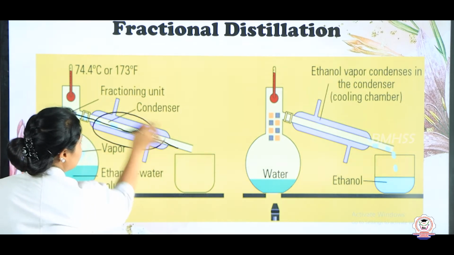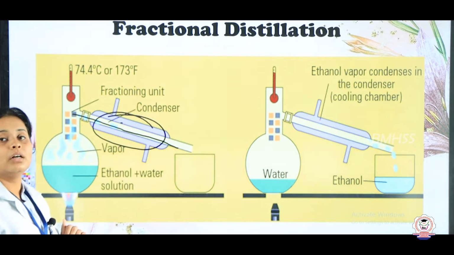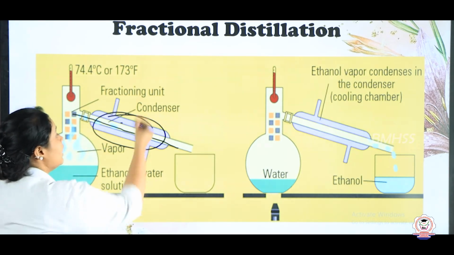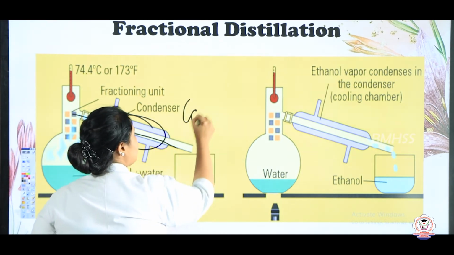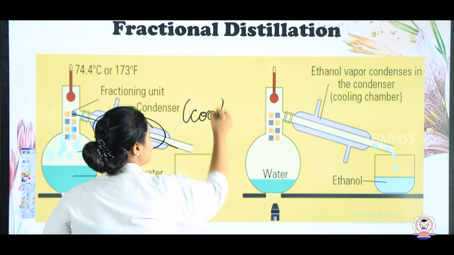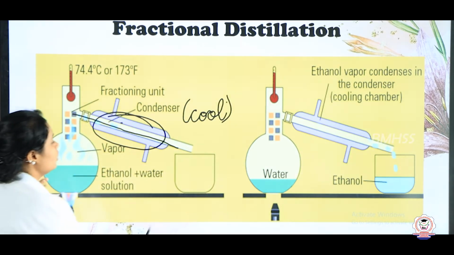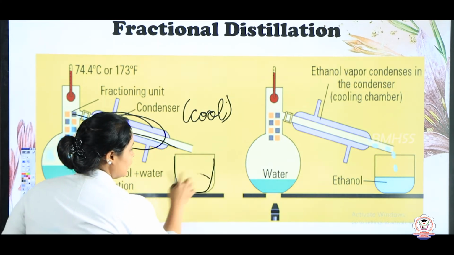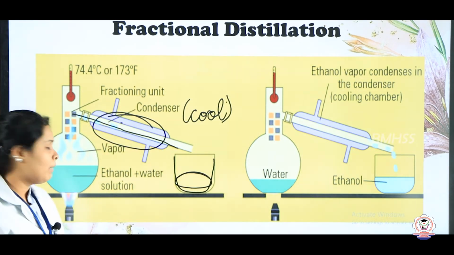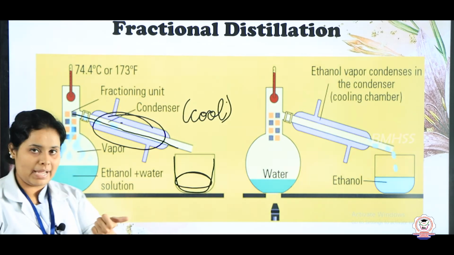Here in the condenser, we are keeping the liquid where it will cool. The condenser will cool what, children? Cool the vapors. Then later the vapors will be transferred here in liquid form and you got the ethanol back, right?